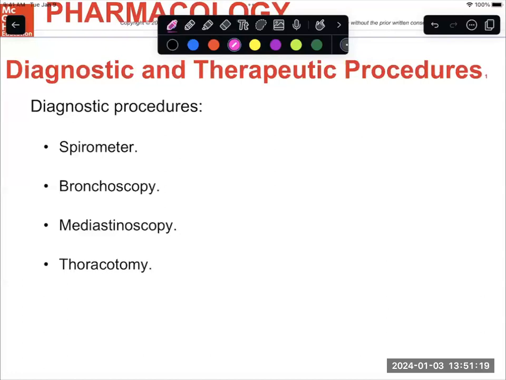So again, they're sending in that little camera to stage lung cancer and diagnose masses. Thoracotomy is an incision through the chest wall to obtain an open tissue biopsy from the lung, the pleura, or just the mediastinum in general.